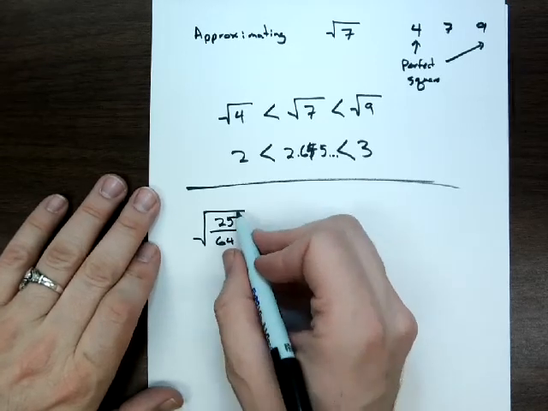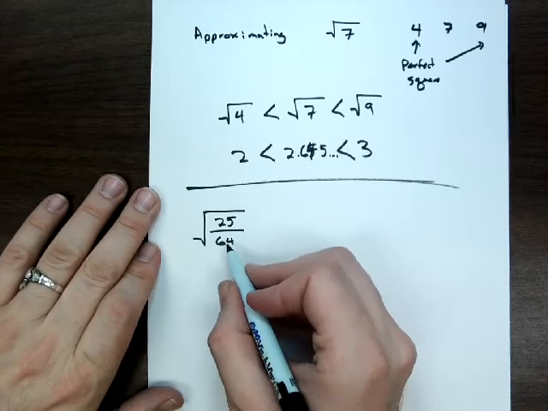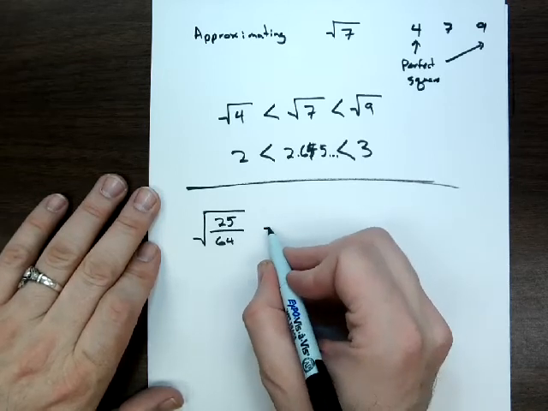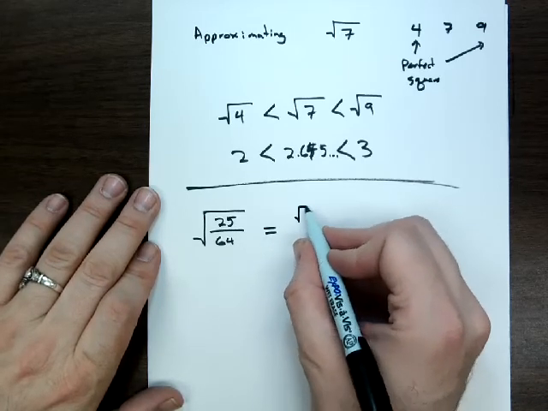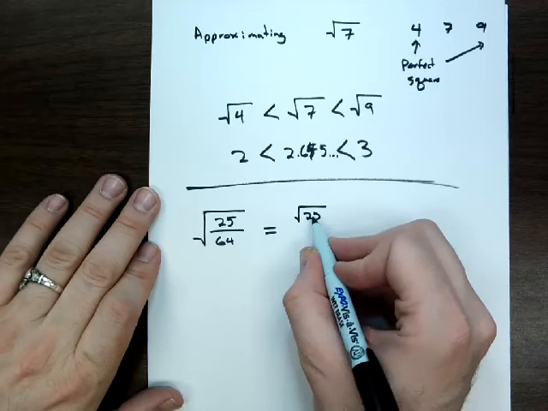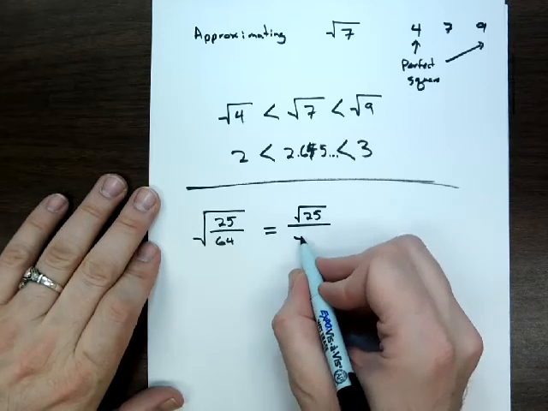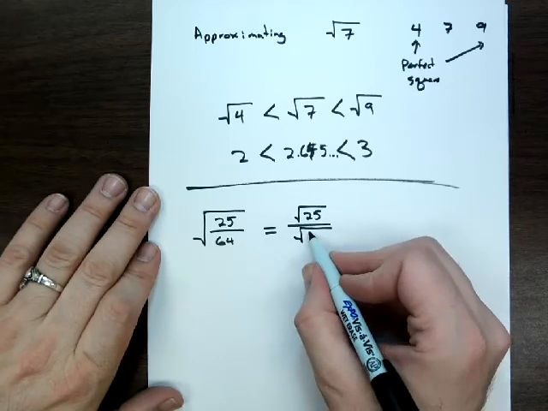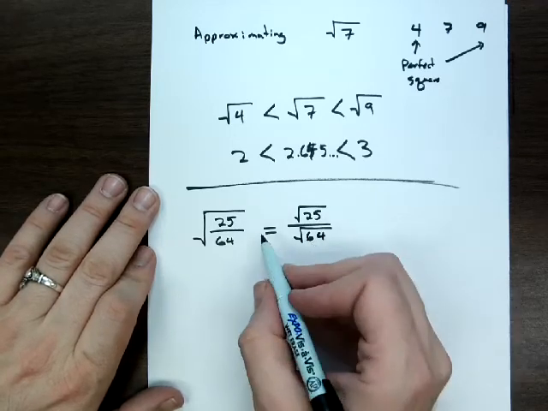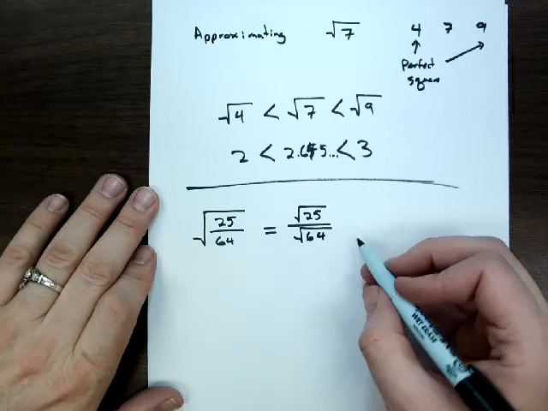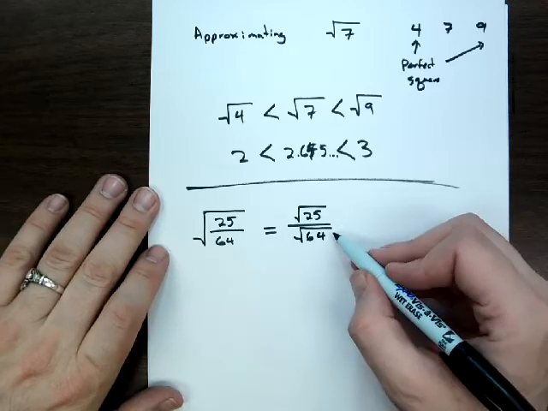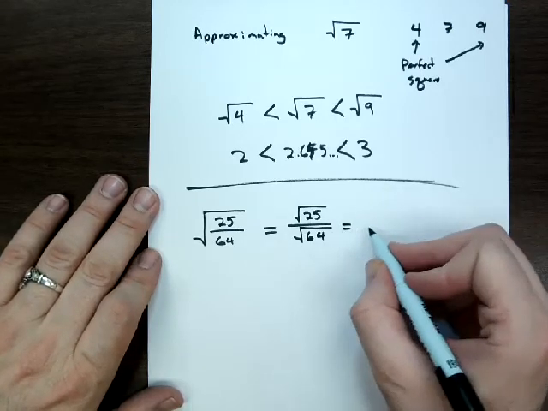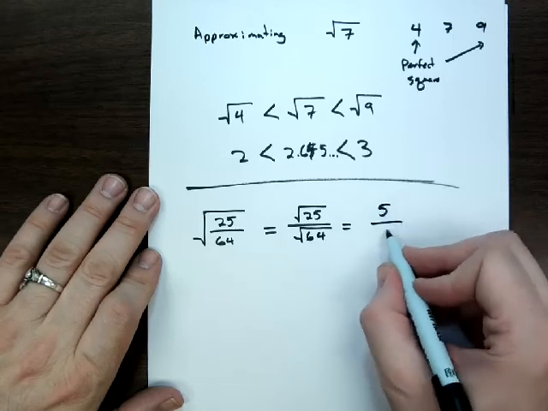One of the things that we can do if we have a fraction under a radical is separate this into two separate radical expressions. So the square root of 25/64 would be the same thing as the square root of 25 over the square root of 64. This would be the same thing as 5/8.